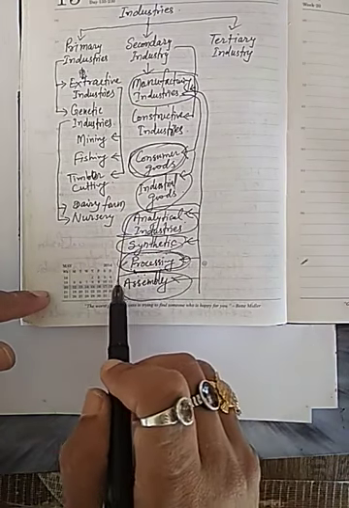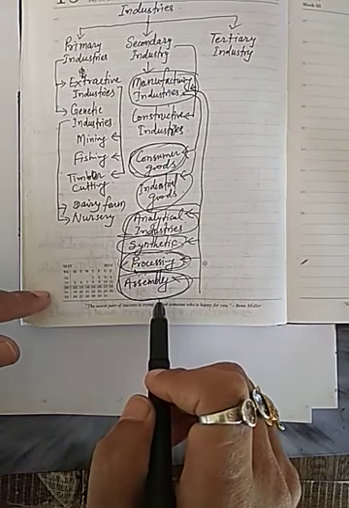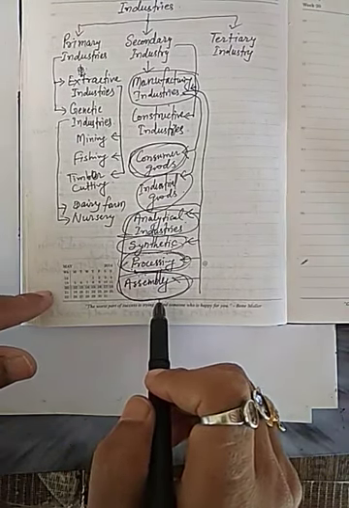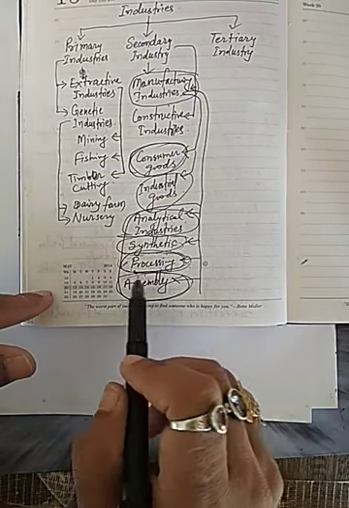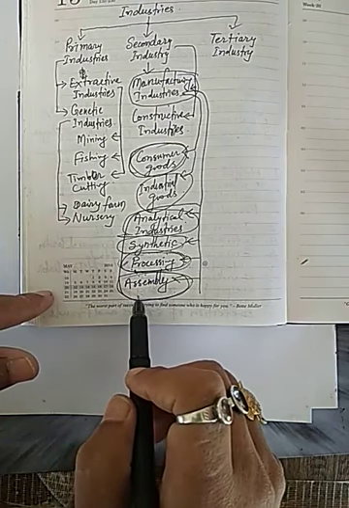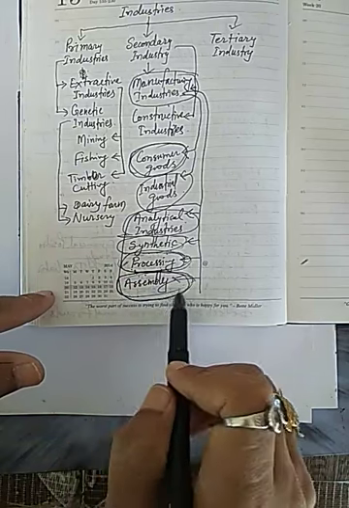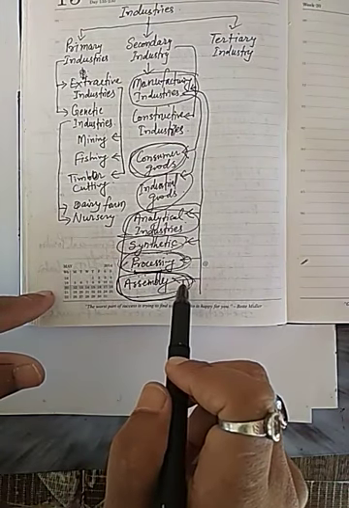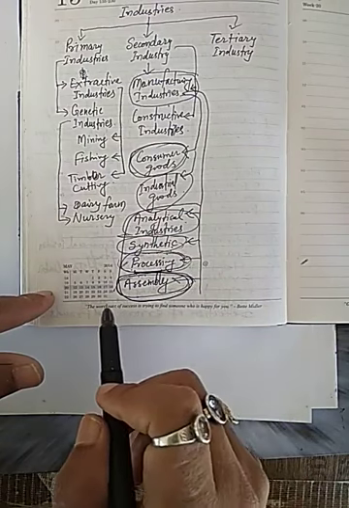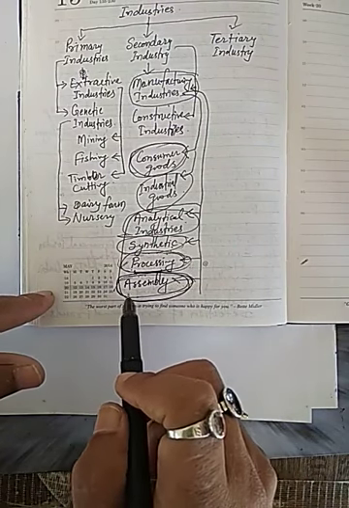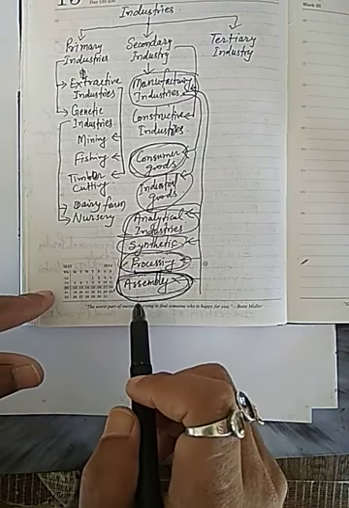Assembly industry. In assembly industry, various finished products are combined to produce a new finished product. For example, manufacturing of computers. You can purchase or assemble a computer. Different types of components are assembled in it from other companies.